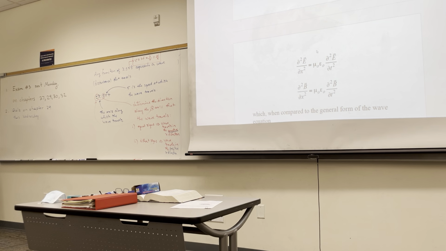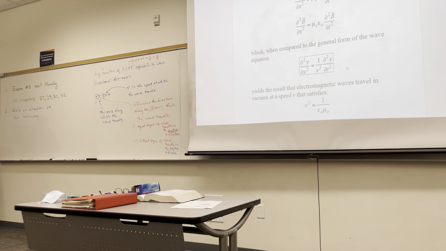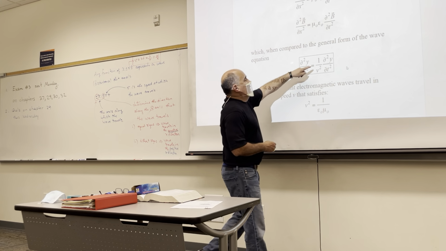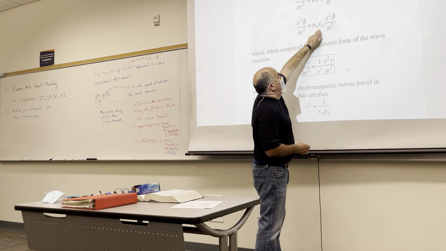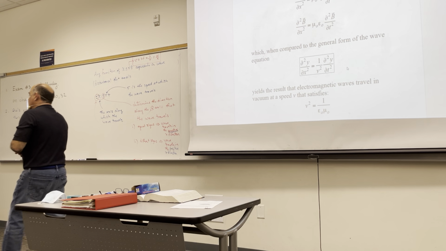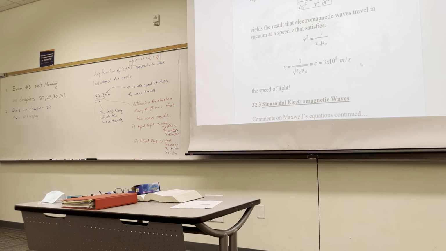And these coefficients, mu naught and epsilon naught, are related to the speed with which the wave propagates. So he equated 1 over the speed squared to mu naught epsilon naught, and was able to solve for the speed of electromagnetic waves propagating in vacuum. And to his surprise, he obtained the value for the speed of light, which is an indication that light can be thought of as an electromagnetic wave.